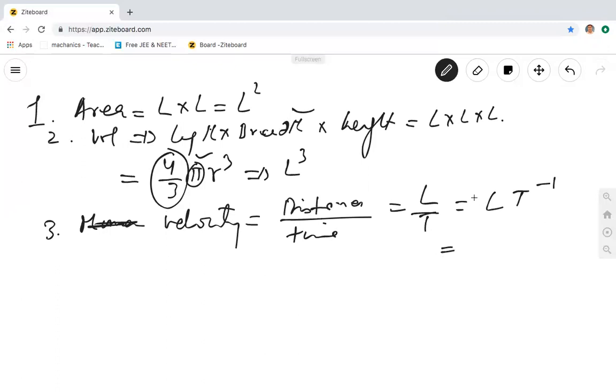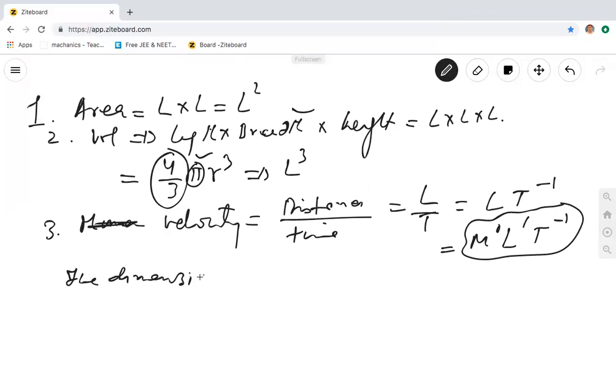Mass is missing here. That's also a fundamental quantity, but that's missing. So we can write m raised to 0, L raised to 1, T minus 1. From here, I will explain what the dimensional formula is and what the dimensions are.